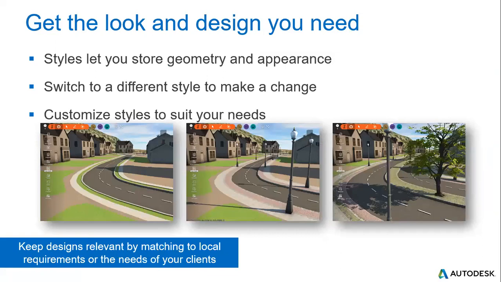You're able to adjust your styles. In this case, you can see this particular road having different styles. Like we can see on the far right side, that particular road actually has a median.